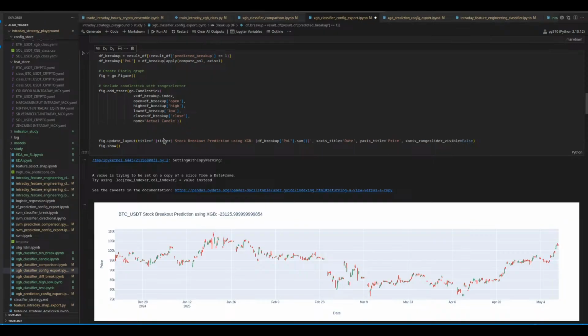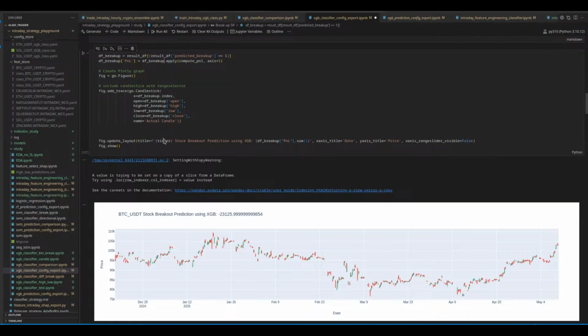For this, I've tested it with XGBoost. The goal was to anticipate whether a candle would break past a defined price range, either on the upside or downside, and to act accordingly. So this is what I've settled on as of now.